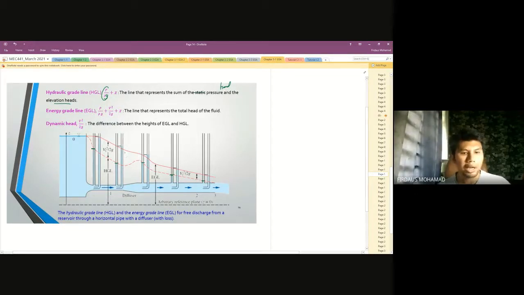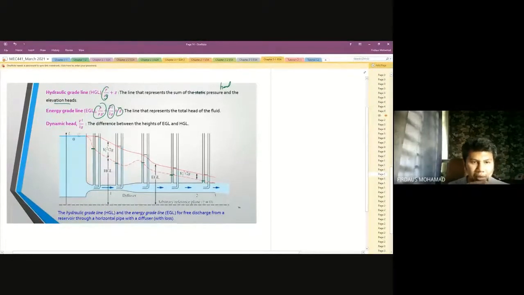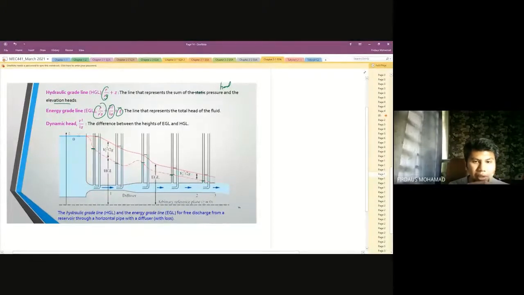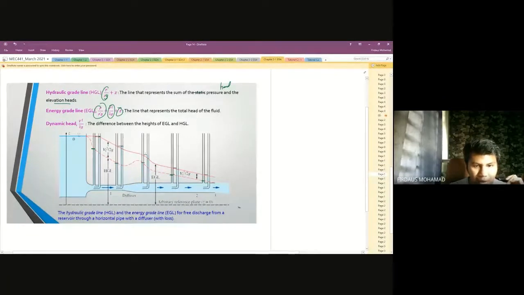Based on the pitot tube, or the level difference in the pitot tube, it is known as the energy grade line. So the energy grade line means we add everything: P over rho G, V squared over 2G, and Z. Pressure head, velocity head, and potential head. We read this at the pitot tube, as mentioned above.